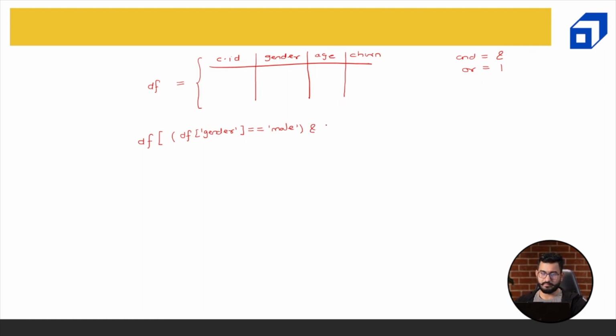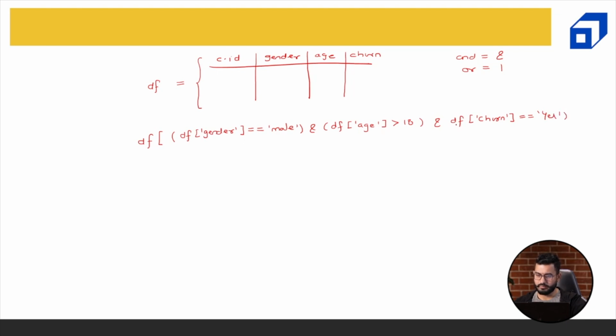So and df age is, let's say, greater than 18, then and df churn is equal to, let's say, yes.